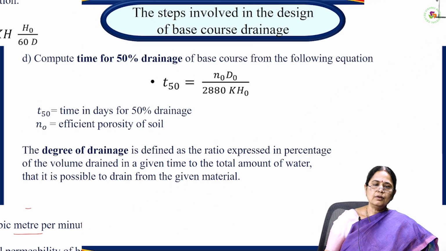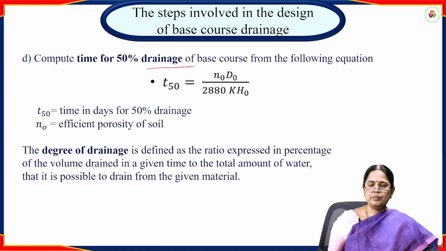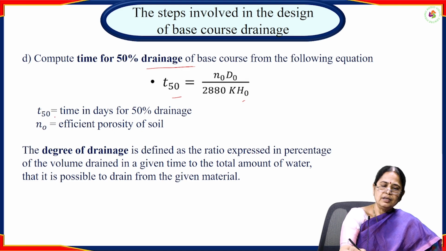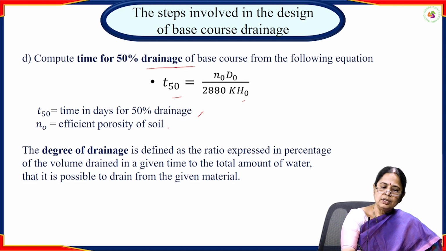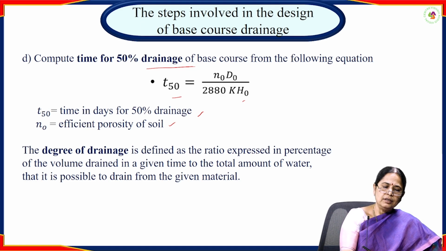So, compute the time for 50% drainage of the base course from the following equation. T50 is equal to N0 D0 divided by 2880 K into H0. So, T50 is the time in days for 50% drainage, and N0 is the effective porosity of soil.